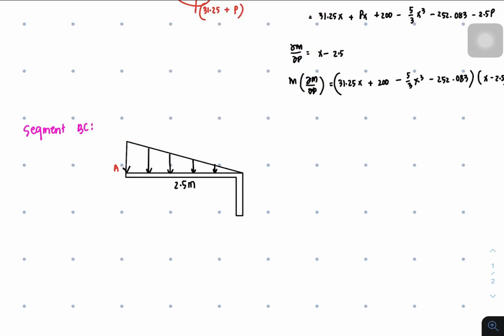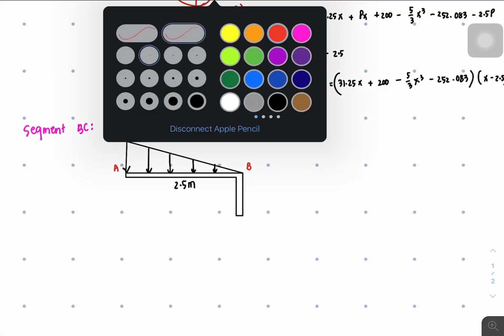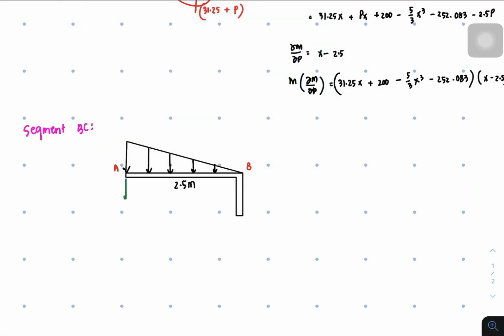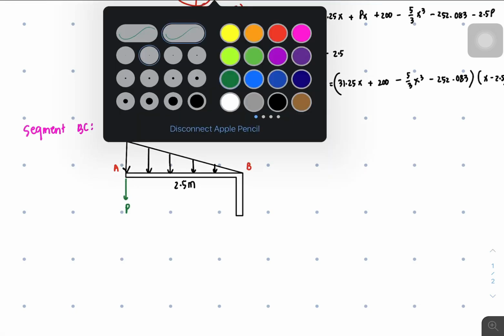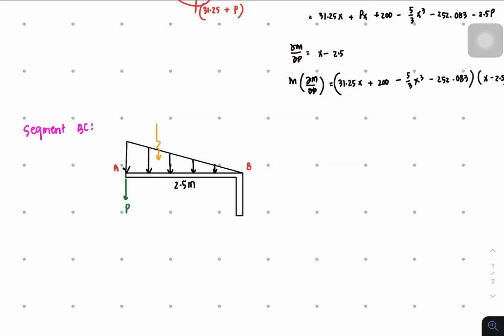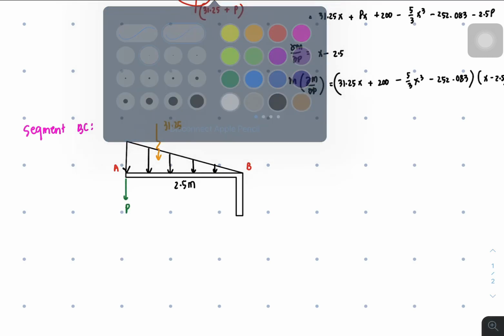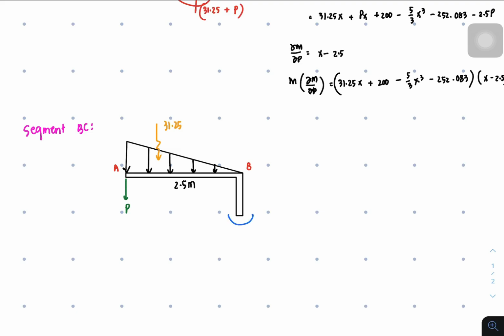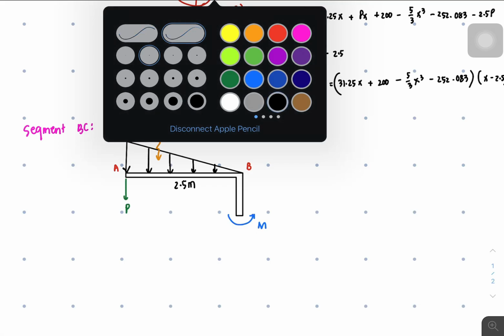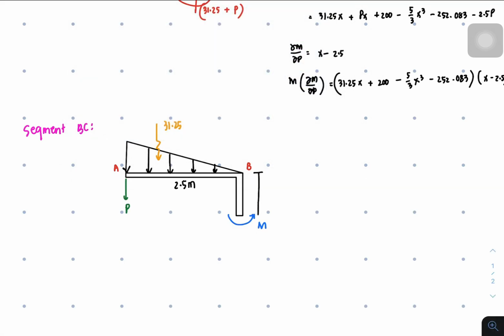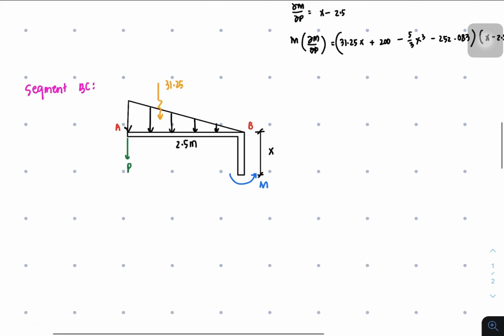So do not forget, this is point A and this is point B. Now you have this P force here, and also the resultant, which is 31.25. This time, at the point of cutting here, this is M, and this is the direction towards point B. This is a distance X.